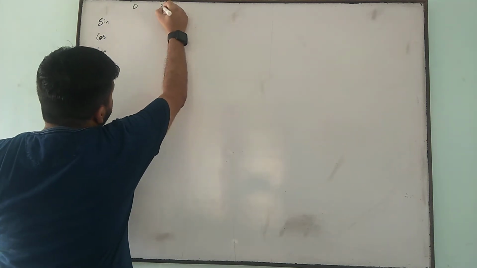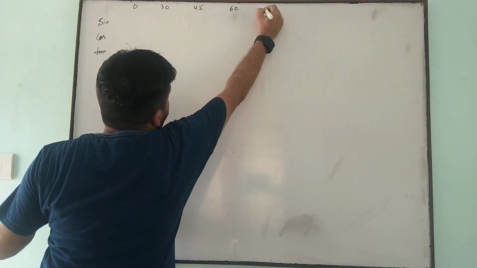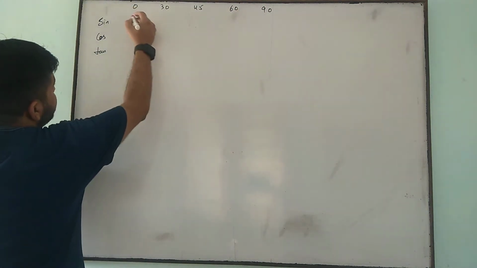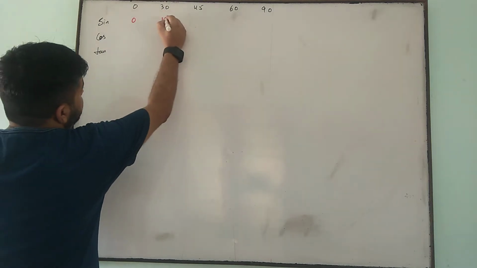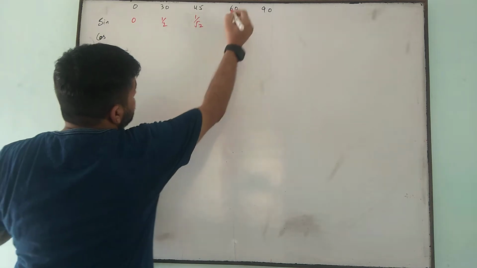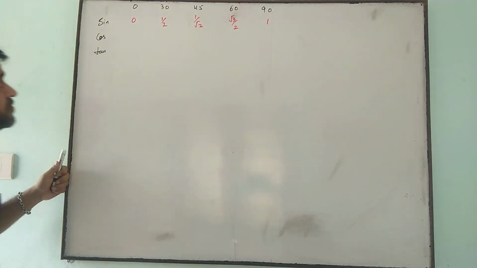0, 30, 45, 60 and 90. This table we know: for sine 0 it is 0, for sine 30 it is 1 by 2, for sine 45 it is 1 by root 2, sine 60 is root 3 by 2 and sine 90 will be 1.